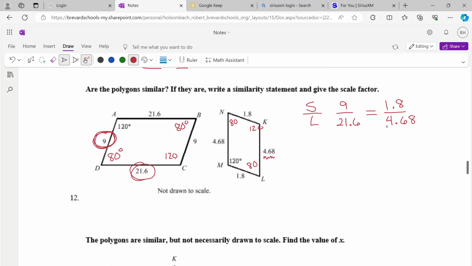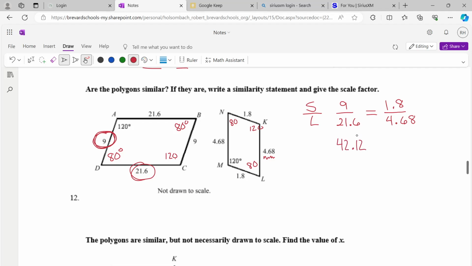If I crisscross multiply and the products are the same, then the shapes are similar. If I crisscross multiply and the products are not the same, well, then the shapes are not similar. So I'm going to take the 9 times 4.68 equals 42.12.